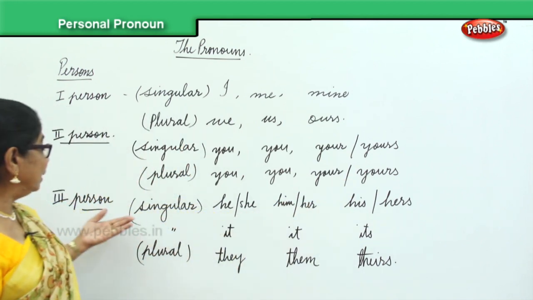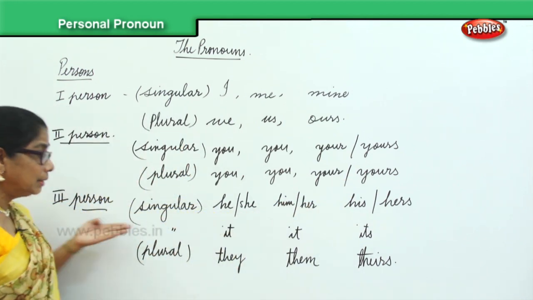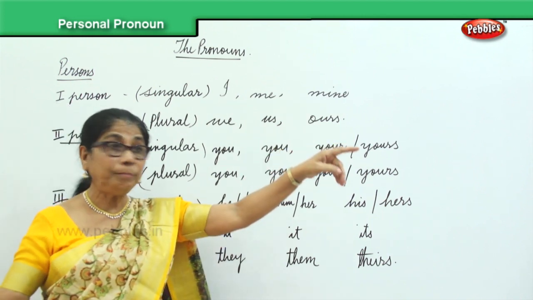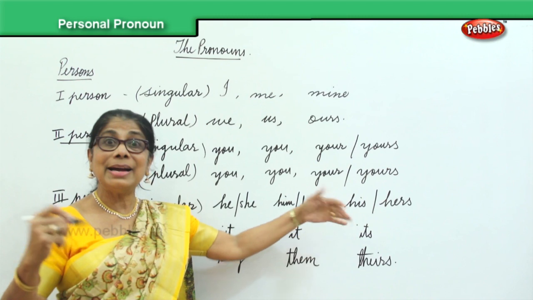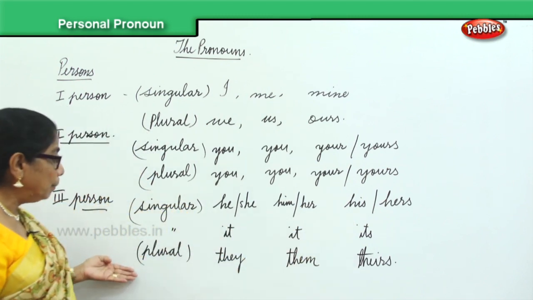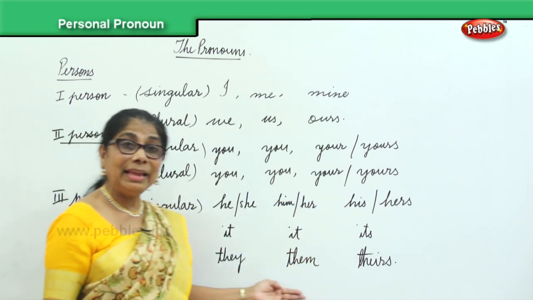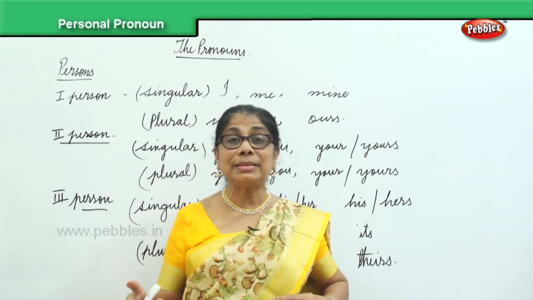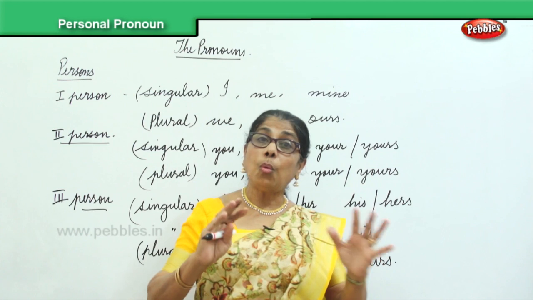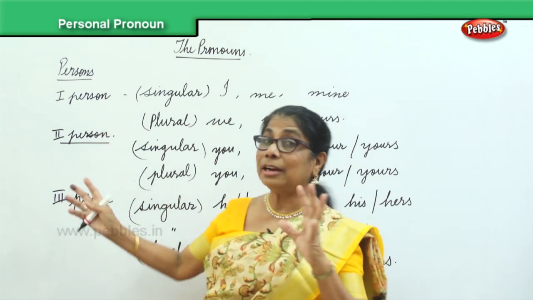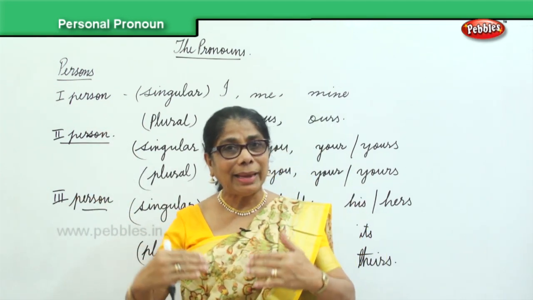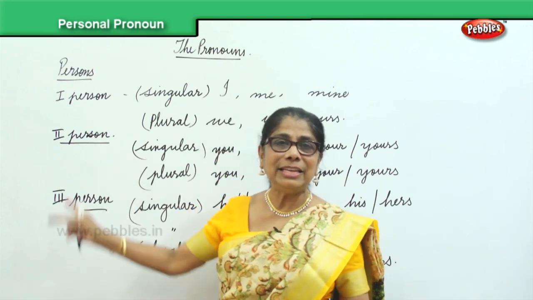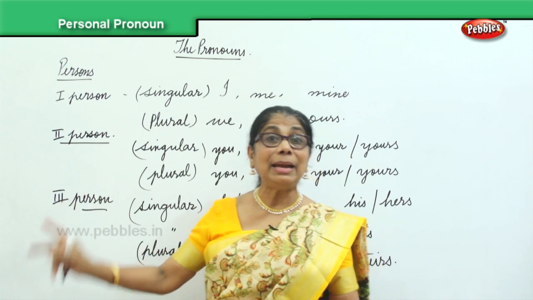Then in the third person singular, he, she, him, her, his, hers, and in the plural form, they, them, theirs. These are single words for us to understand singular, plural, and what is used for the first, second, third person. We will do exercises for us to understand these first, second, and third personal pronouns better.